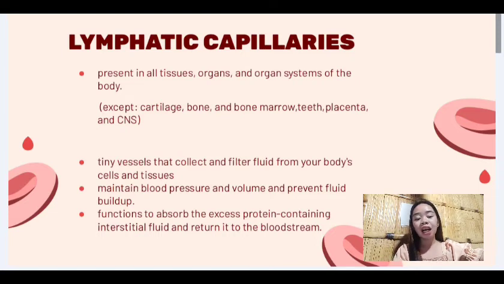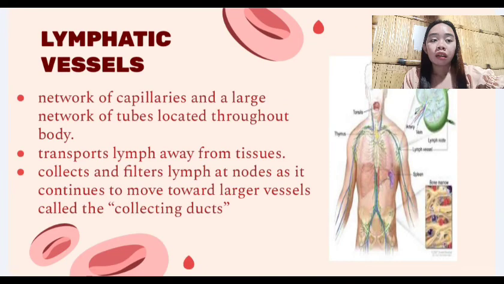These capillaries are closed at one end and are located in the spaces between cells throughout the body, except in our central nervous system and non-vascular tissues. These lymphatic capillaries are slightly larger in diameter and have greater oncotic pressure than blood capillaries.